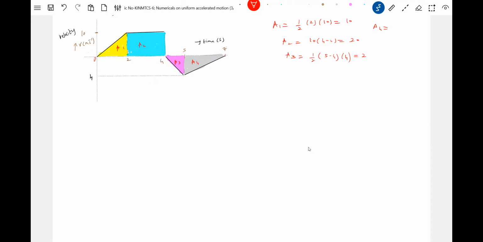Last, A4, the area of the triangle, half into base, height is 4. There's a minus sign, no? It is negative, so this will be minus 4, I'm getting.